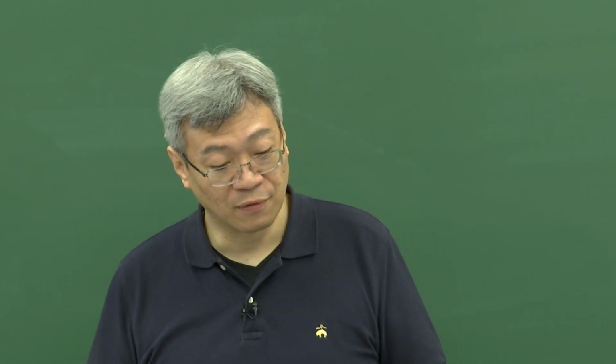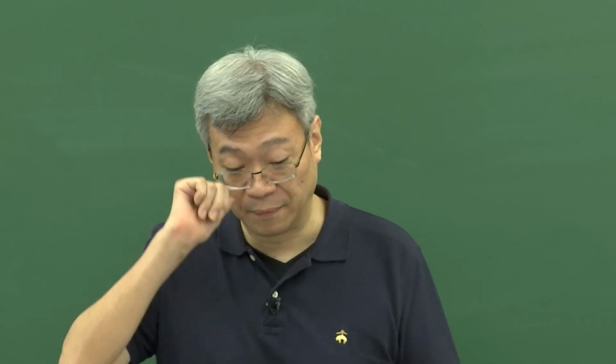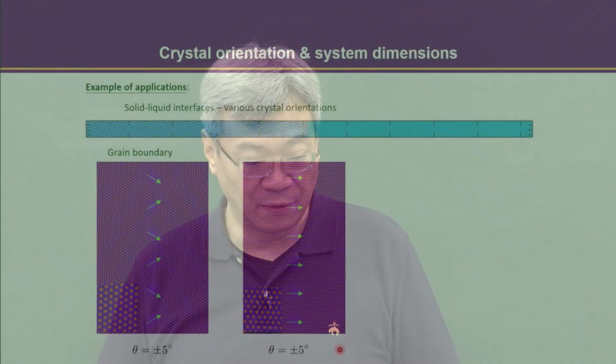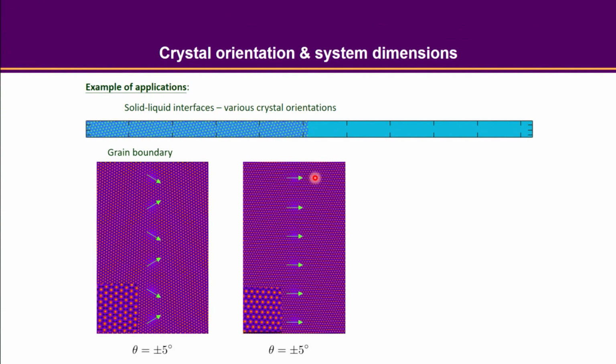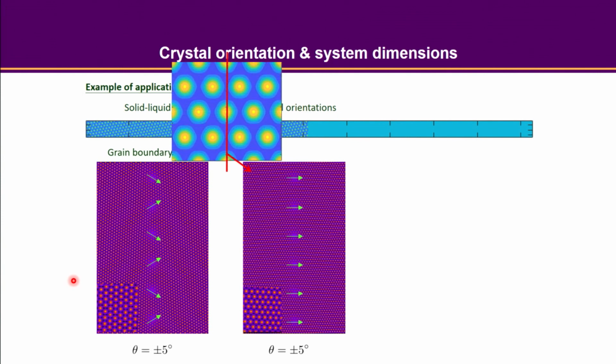But I can also have the same misorientation, plus minus 5 symmetric tilt. But how can the grain boundary structure become immediately different from what I have on the left-hand side? The green arrows I'm drawing here are the Burgers vectors for the local dislocation. So you see the fundamental difference is, if I zoom in locally, what's the crystal structure? Basically, those two things differ by the reference frame.